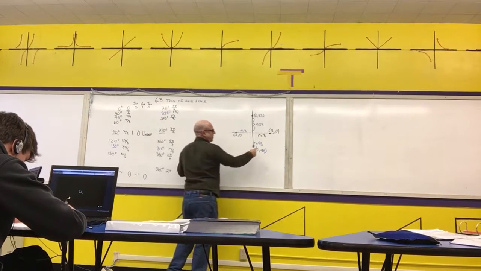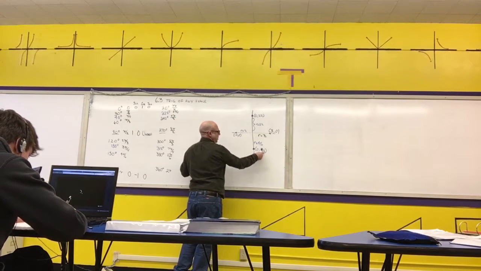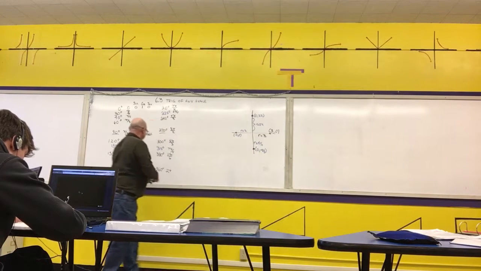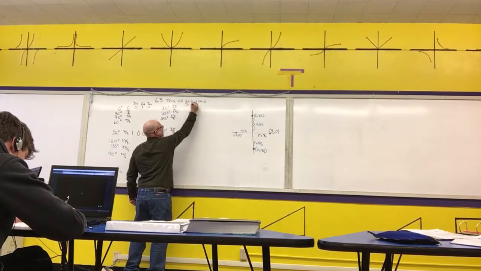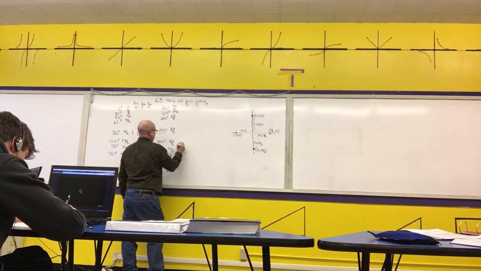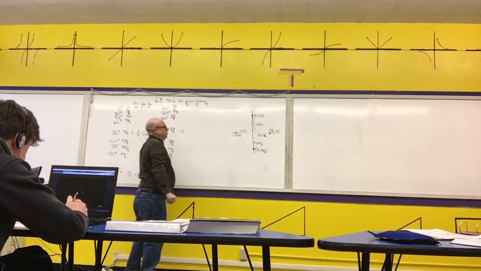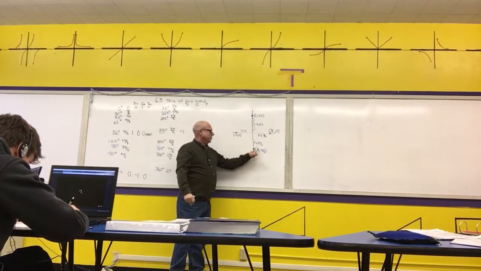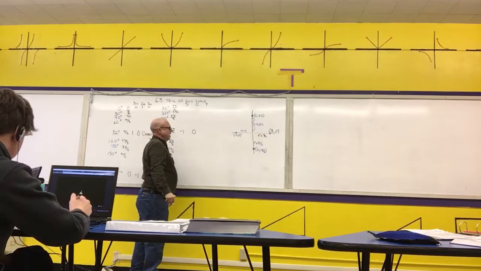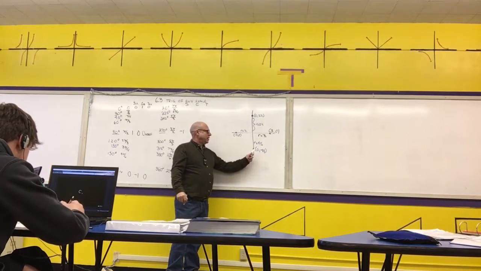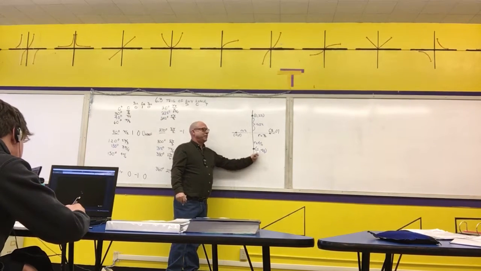So sine is y over r. -45 over 45 is -1. All right, sine, cosine, tangent. Cosine is x over r. 0 over 45 is 0. And tangent is y over x. Undefined.